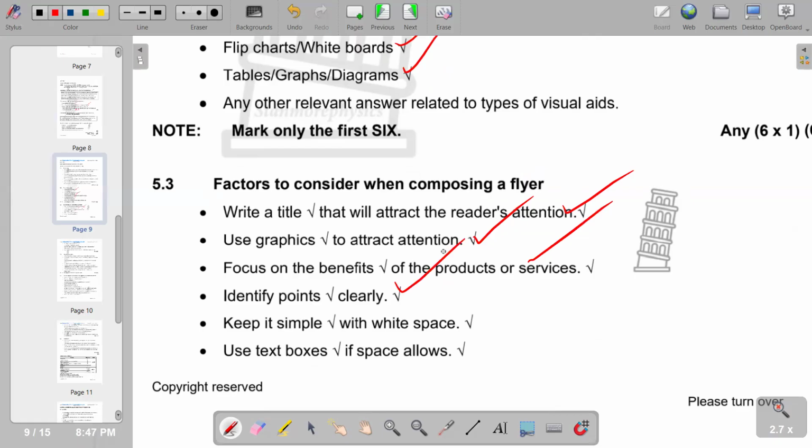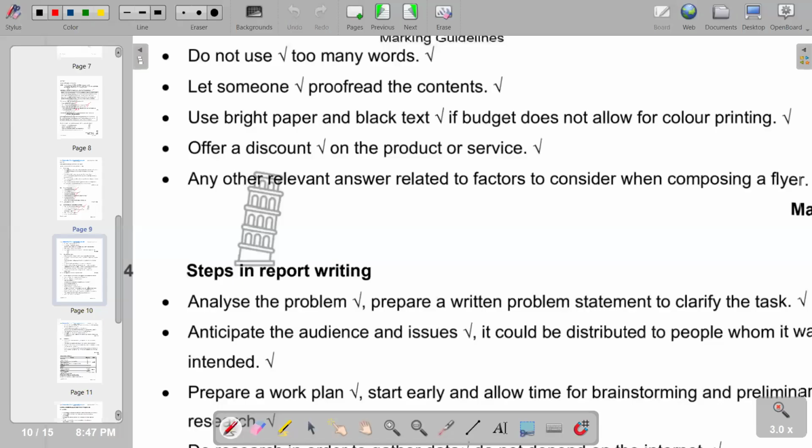Keep it simple with white space. So this is what we have in terms of factors when composing a flyer. These are other factors: do not use too many words. Let someone proofread the contents. Use bright paper and black text. So those are some of the points that we have.